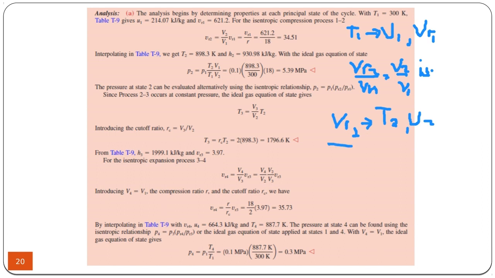So from this temperature, from T3, we go to the air table again, and from the air table, we read H3 as well as VR3. Because from 3 to 4, we have isentropic expansion, we can use the isentropic expansion for the air standard gases.